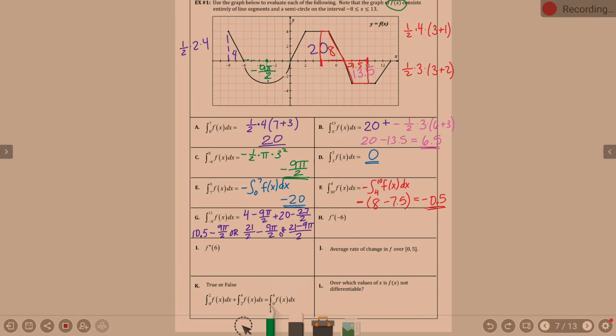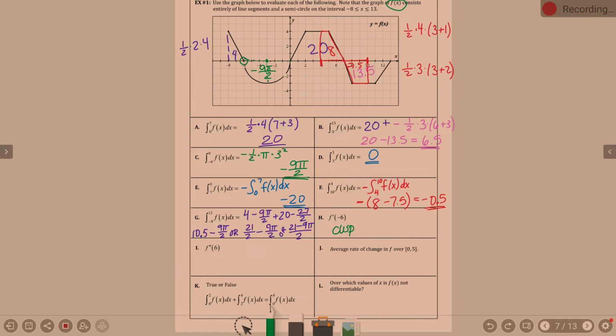DNE. Is it DNE? Because what do we have right here? Okay, cusp, a hard point. Not a nice, smooth, flowing, continuous curve there. It's continuous, but we do have a cusp there, or a hard point.